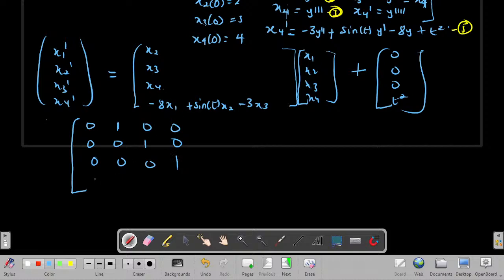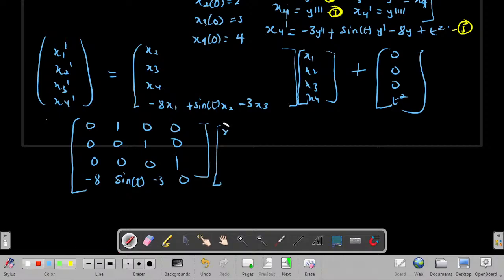Then this part, now I have negative, and then there. My x2, I have sine of t. Then my x3, I have negative 3. My x4 is 0. Then this should add up. So this one times my x1, x2, x3. So we are just trying to find the augmented matrix. Okay, augmented matrix of the system.